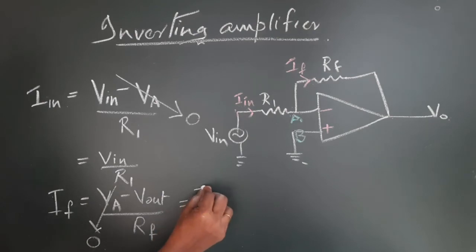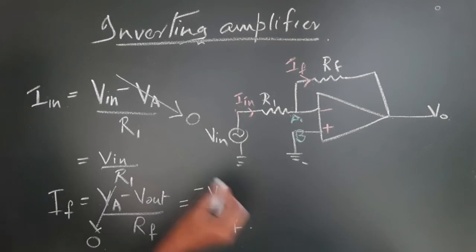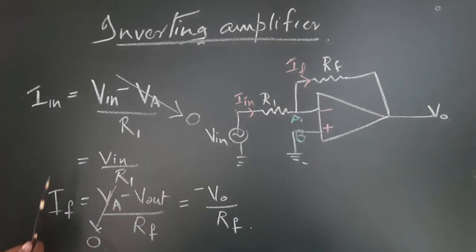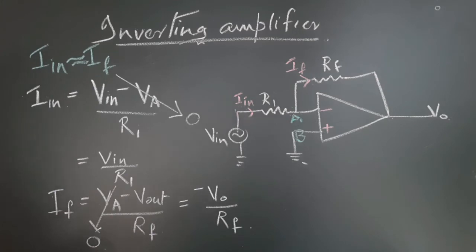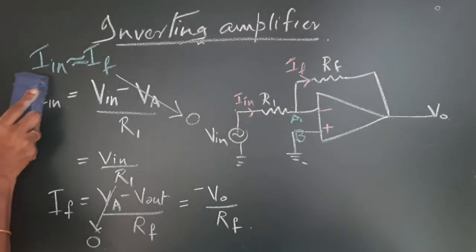So, your expression becomes minus Vout by RF. So, Iin is Vin by R1 and IF is minus Vout by RF. Now we know that Iin equals IF. So let us write it in that way.